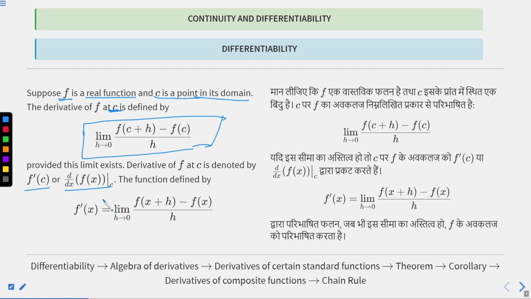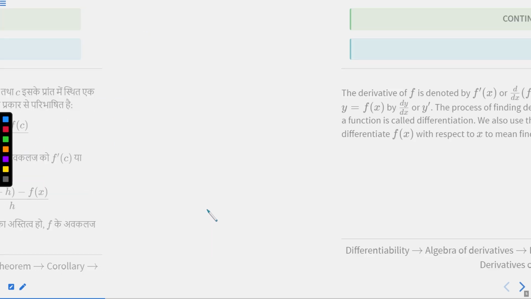Clear? The function defined by f dash x is obtained by replacing c by x. That's it. f dash x means limit h tends to 0 of f of x plus h minus f of x divided by h. Now let us move to the next slide.